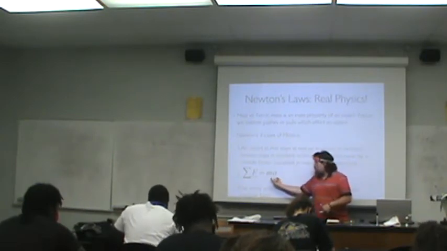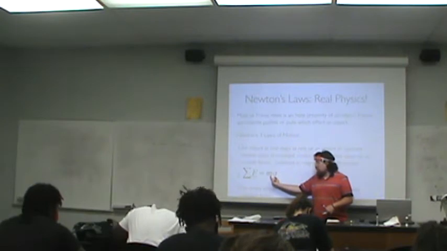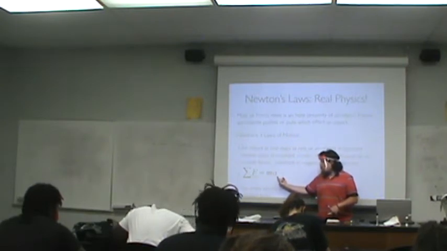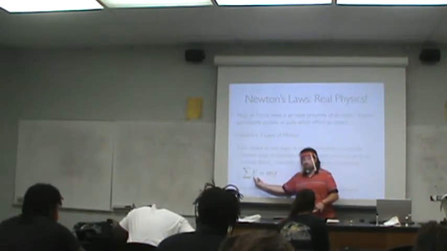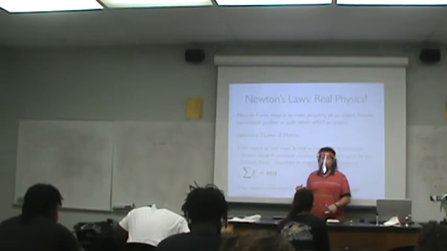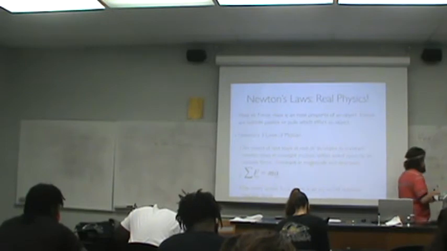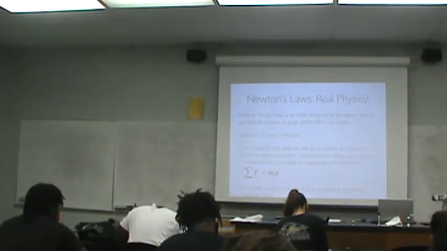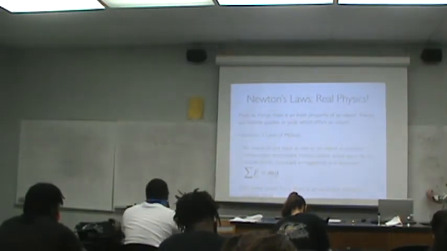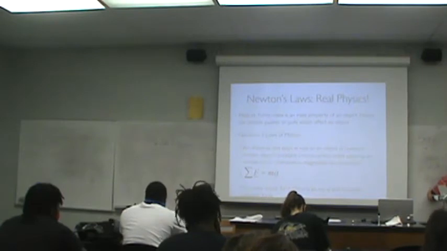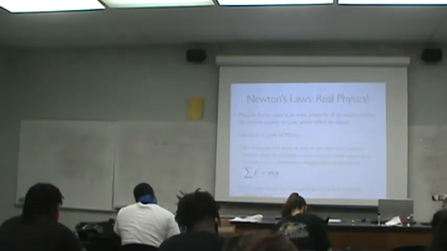So this scalar times this vector creates this vector, which points in the same direction as the acceleration. So force does have a direction, but it's the same as the acceleration. The variable is capital F, and we are going to measure force in units of newtons.